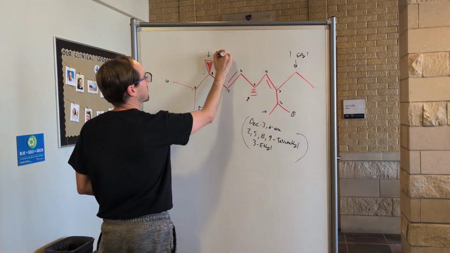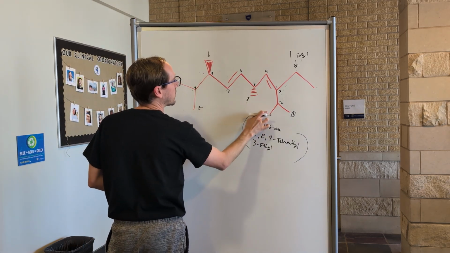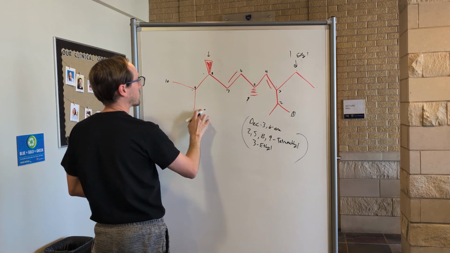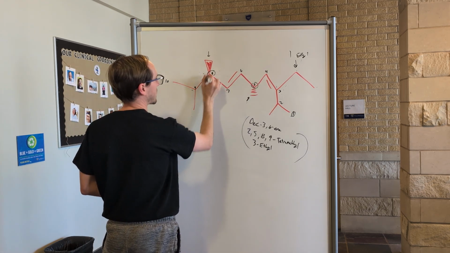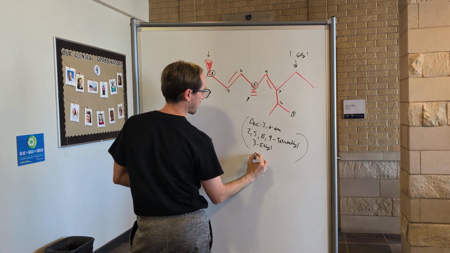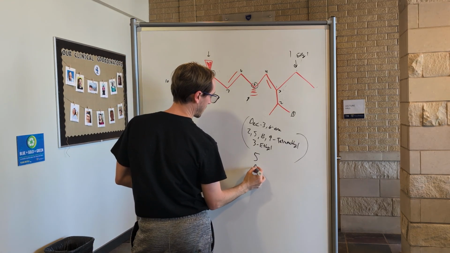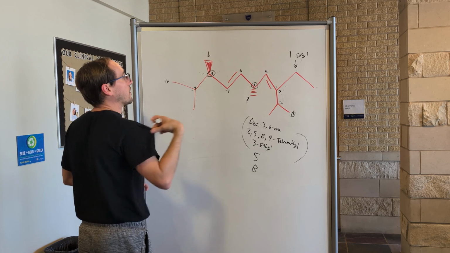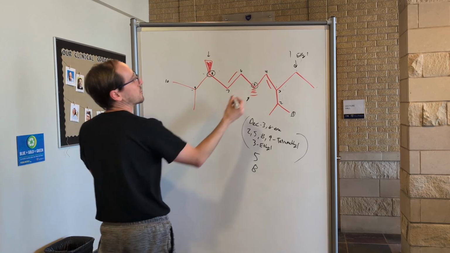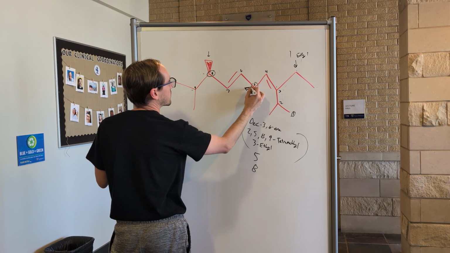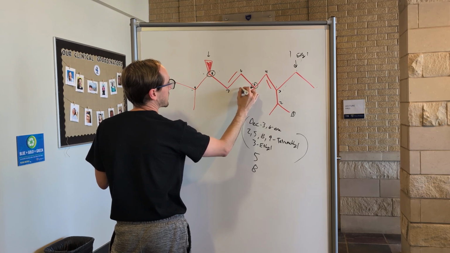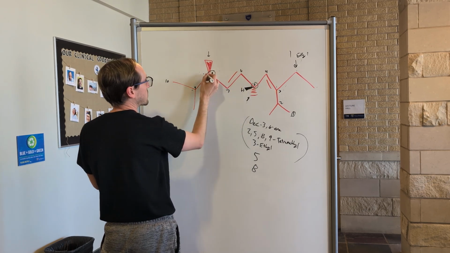Alright, so we've got the main part of our naming right here. So now we have to identify our chiral centers. So we've got a chiral center at 5 and a chiral center at 8. So we'll say at 5 we have something, and then at 8 we have something. Something that you could do is just go ahead and draw in your hydrogens instead of doing it the way I did it last time, of leaving it towards the end.